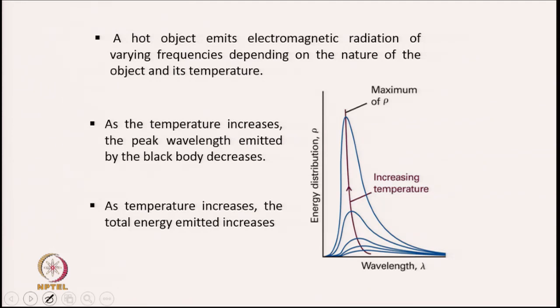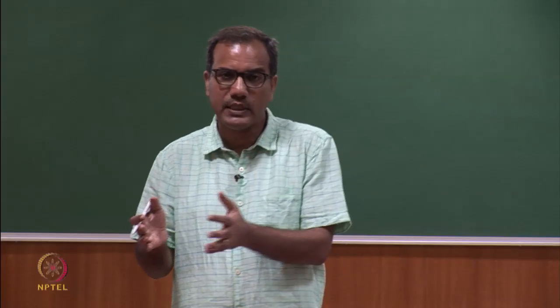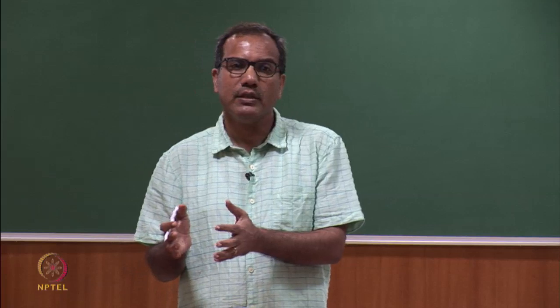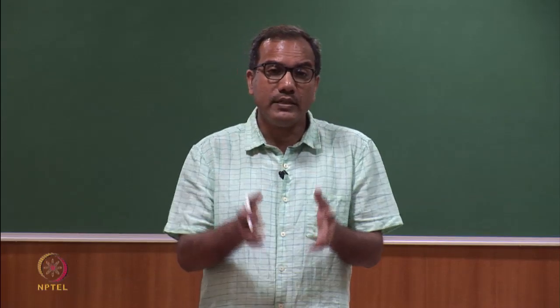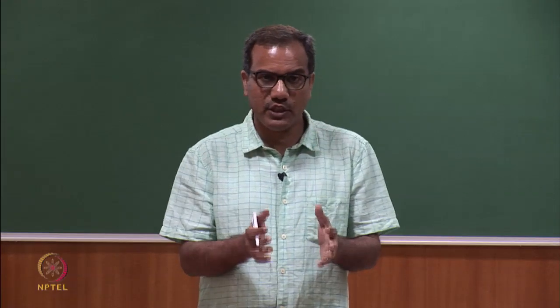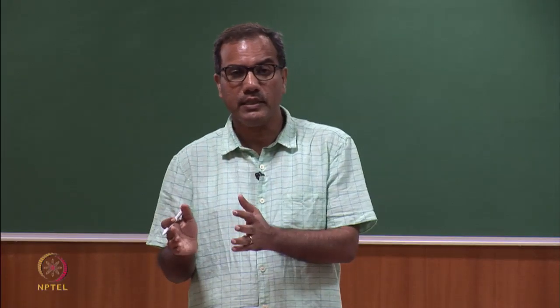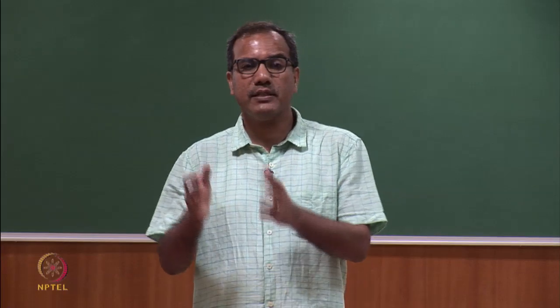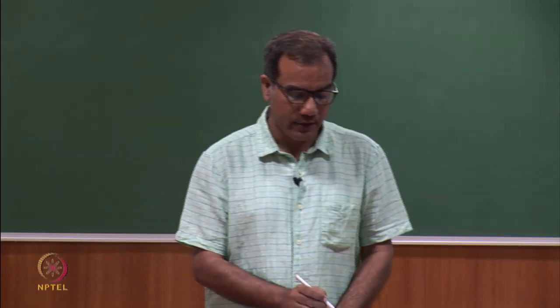As the temperature increases, the total energy emitted also increases. What that means is, not only is the frequency increasing with the temperature, the energy of the emitted light is also increasing. So, as temperature increases, both the energy and frequency of emitted light increase.